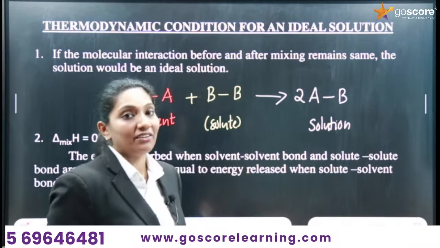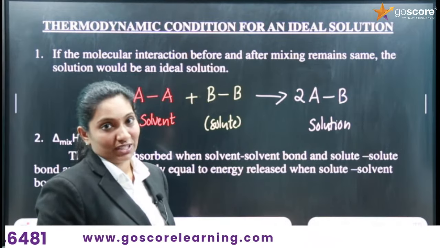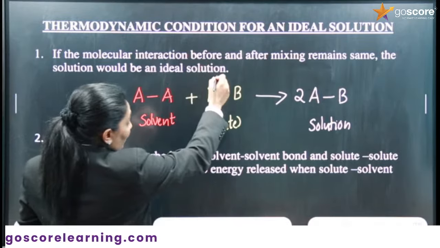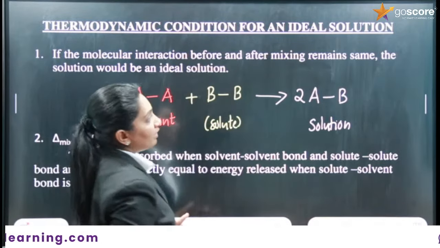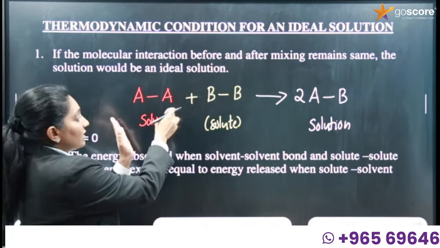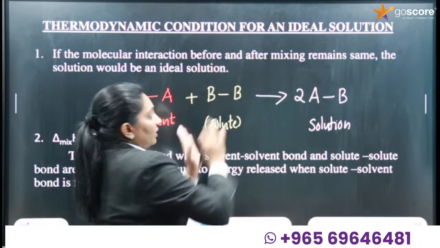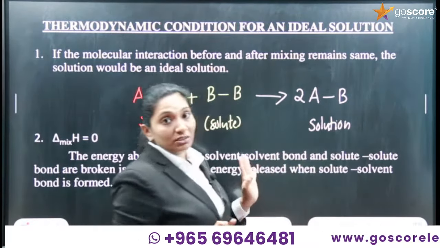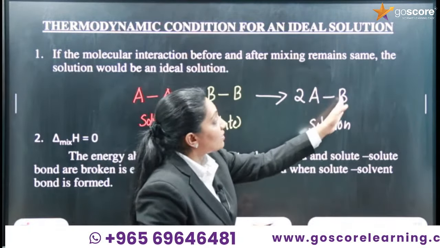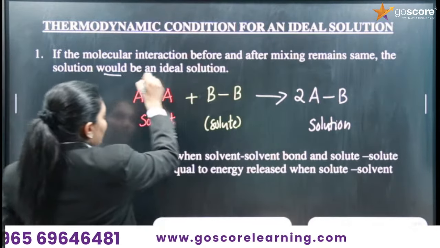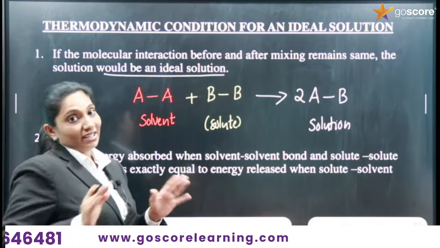Then it will behave as an ideal solution. Got it? If the molecular interaction before mixing, the interaction between the solvent particles and between the solute particles, is equal to the interaction between the solute and solvent after mixing, then the solution will be an ideal solution.